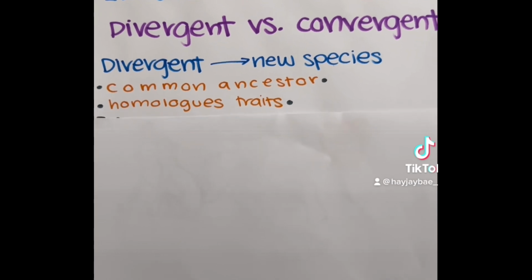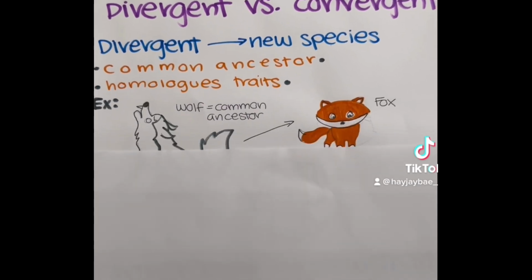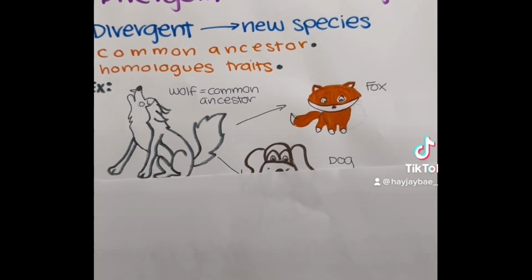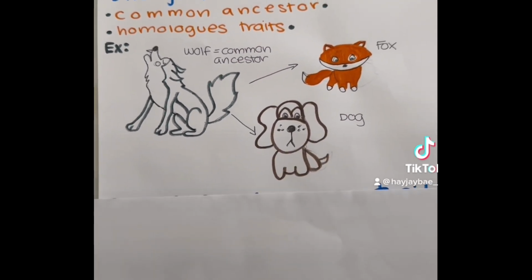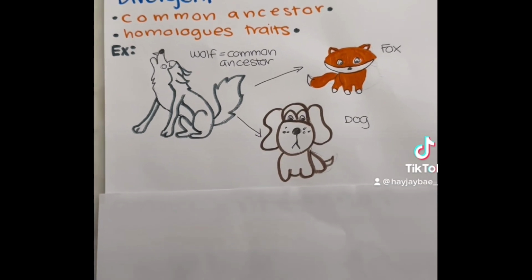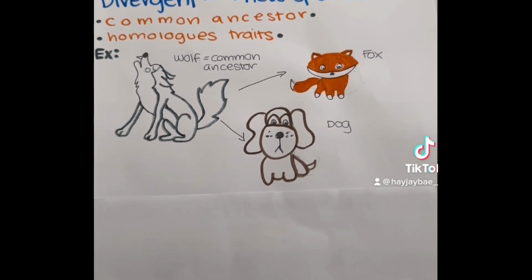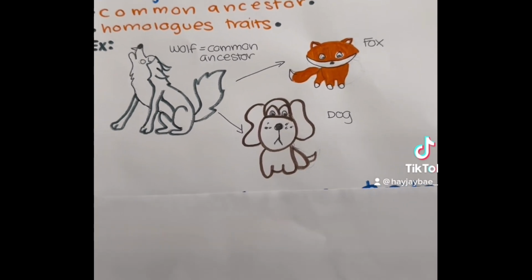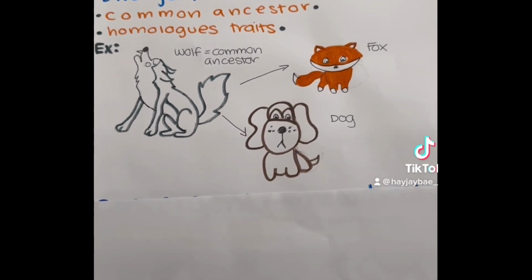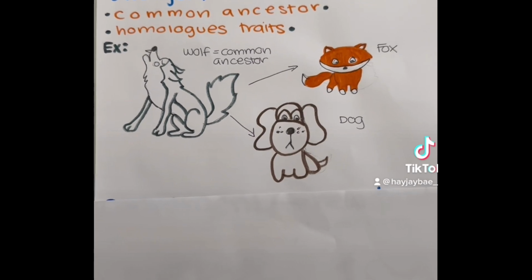An example I have is a wolf, which is the common ancestor, and it evolved into a fox and a dog through divergent evolution, which is creating new species. However, in these new species, the traits will be slightly different, but underneath they are all similar.